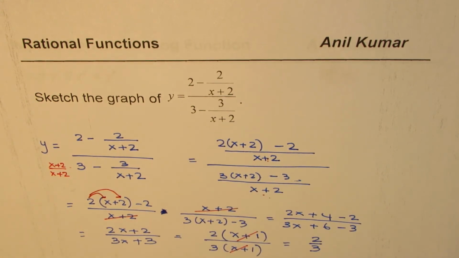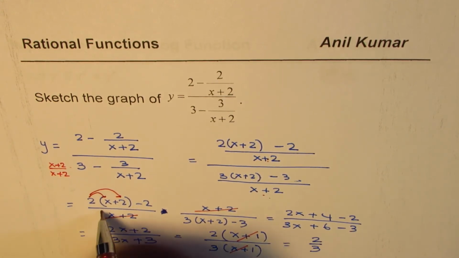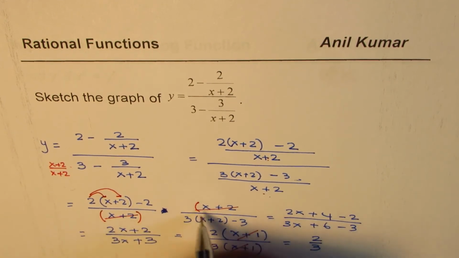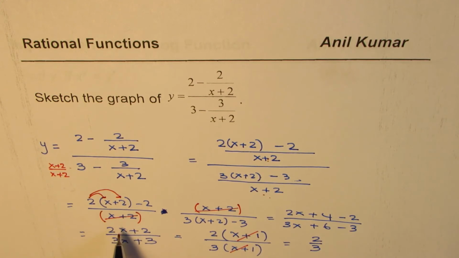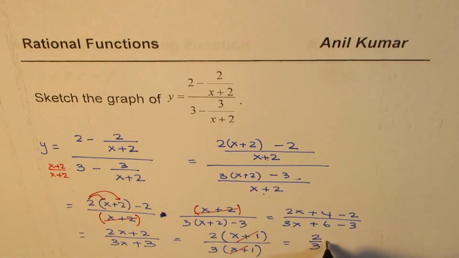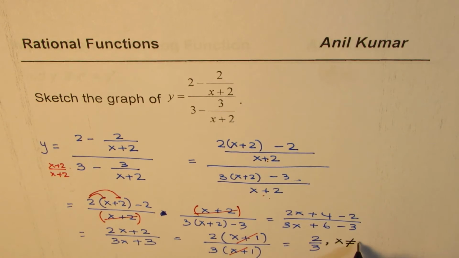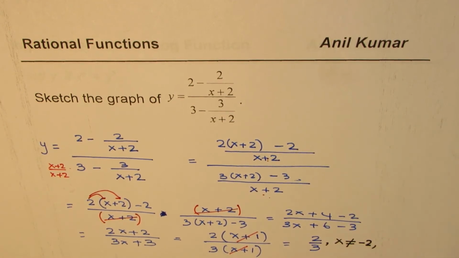So when we actually cancel this part, you see that? If I write x as minus 2, I get something divided by 0, which cannot be done. So one of the restrictions here is that x is not equal to minus 2.